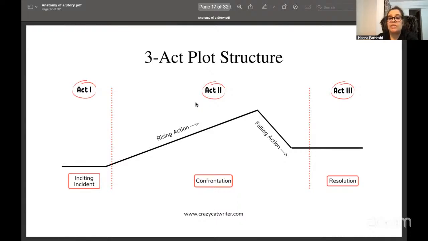Act 2 is the longest act in the three-act structure and where most writers get lost. If we are to divide the entire book in the three-act structure, it's going to be 25%, 50%, and 25%. So the longest part or the biggest part of your novel, that is the 50% chunk, is the middle, and that's why we get a sagging middle.